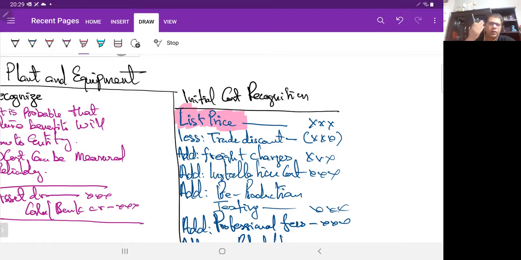Cost without considering discounts is the list price. Then we will deduct the discount.